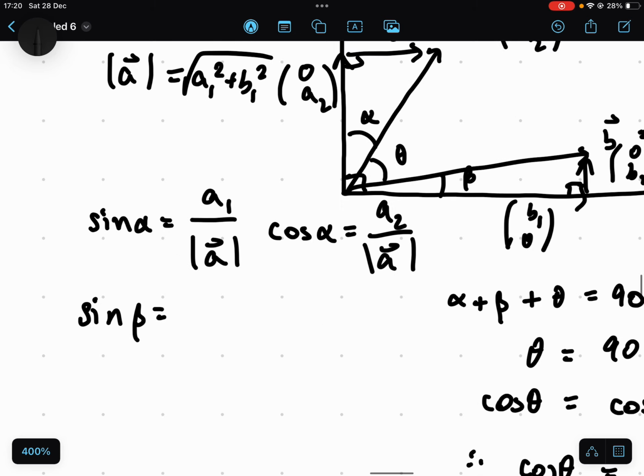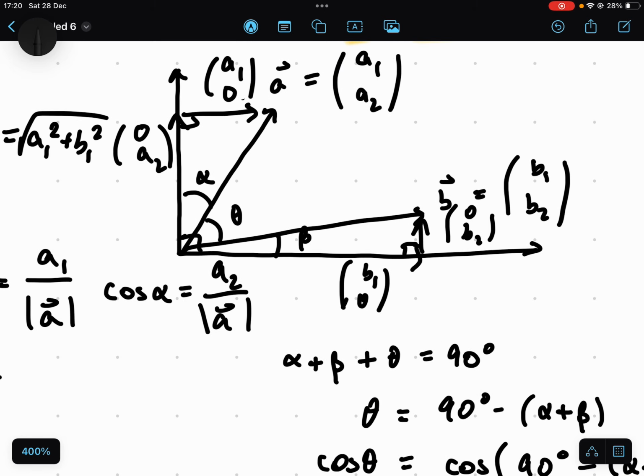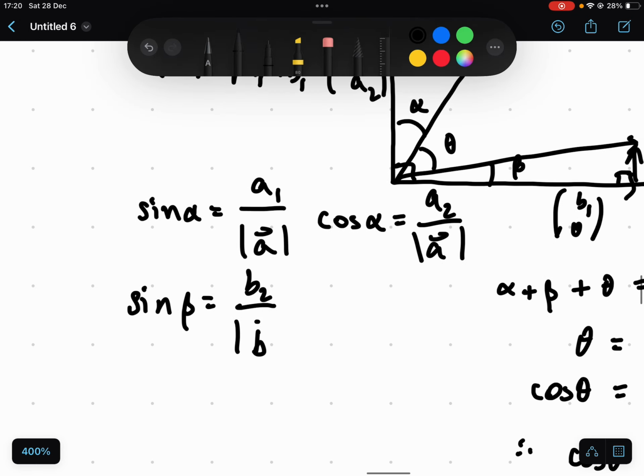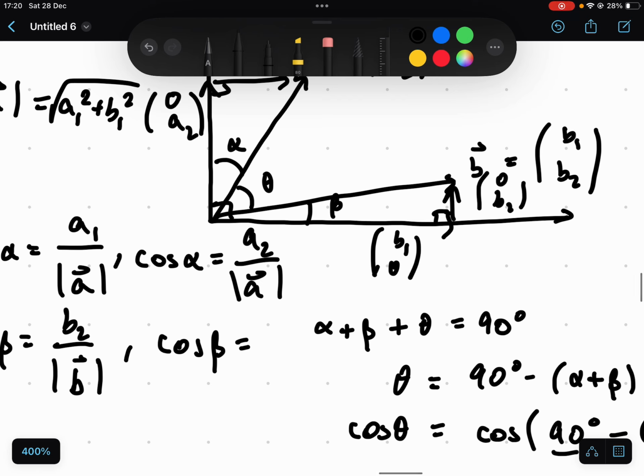Sine of beta is opposite over hypotenuse, but opposite is going to be B2, so we have B2 divided by mod B. And then, same here, cosine of beta is going to be equal to B1 over the modulus of B.